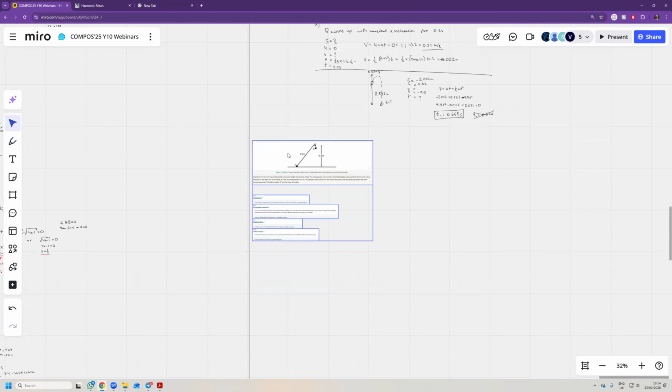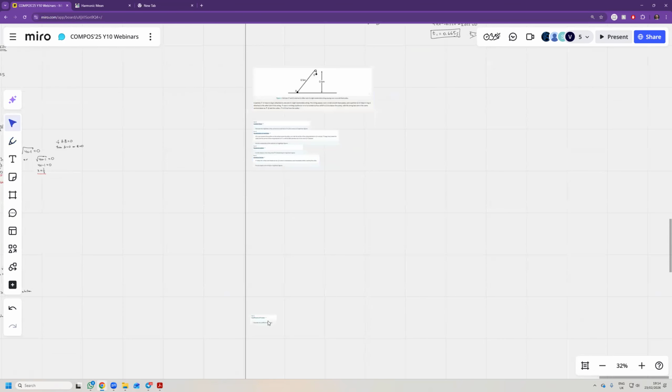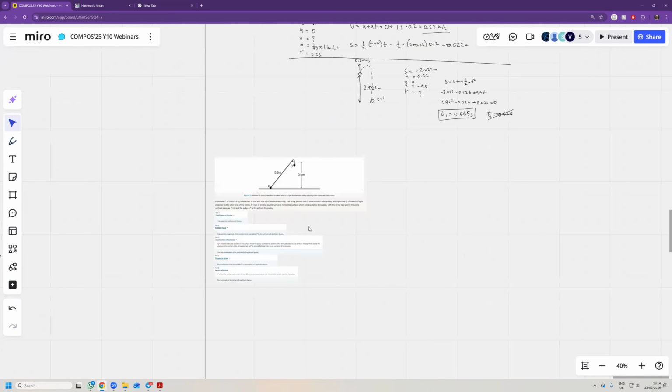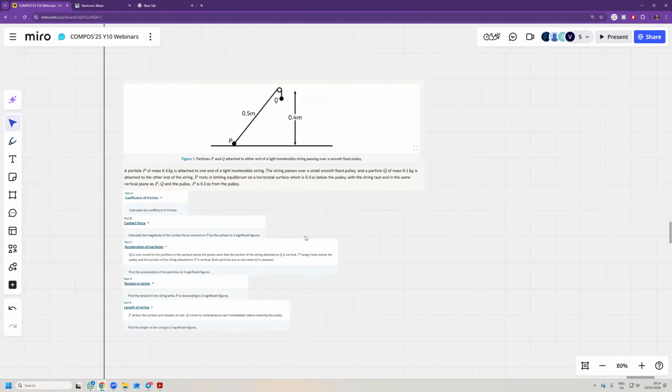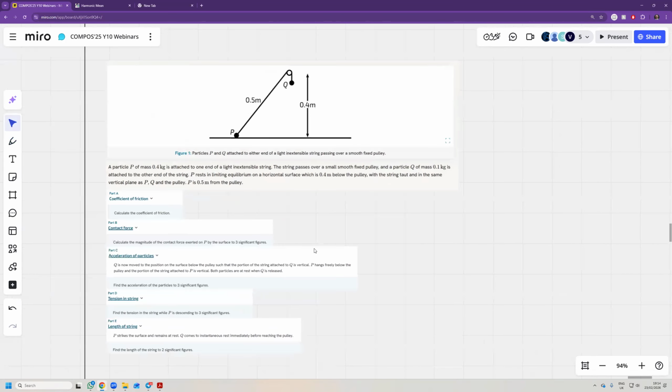Oh, what did I lose? So this is an Isaac Physics question. Isaac Physics is a wonderful website for physics. Okay, so particle P of mass 0.4 kilograms is attached to one end of a light inextensible string.